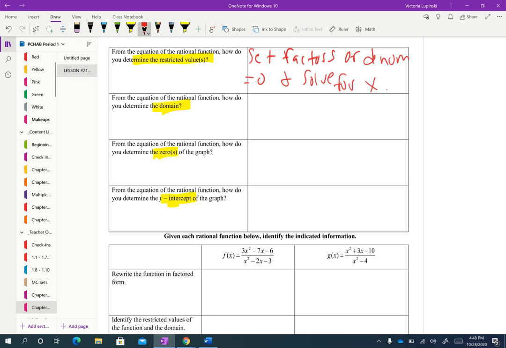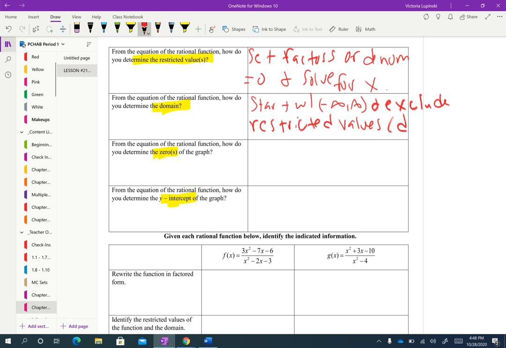How do you find the domain? You basically start with negative infinity to infinity and exclude the restricted values. And those are, of course, the discontinuities.